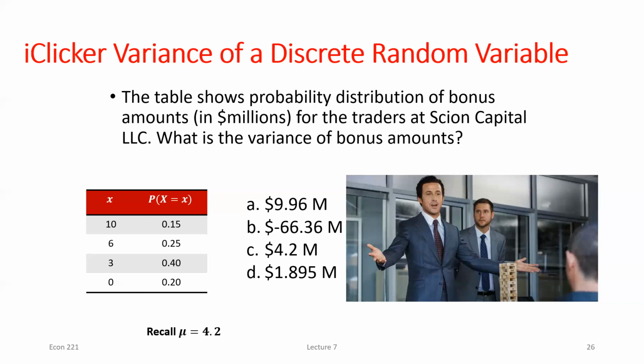If I was a betting man, I'd probably go with A or C. C seems a little bit improbable since it's the same value as the mean, but it's still possible, right? That just depends on what numbers I choose. I could have chosen numbers very carefully to have it work out that way, right? But if I'm just guessing, a betting man here, I'm probably going with either A or C. D seems a little bit too low, just looking at the range of possible values, 0 to 10 there. So what's the first thing I'm going to do if I'm calculating this variance? What number am I going to write down?